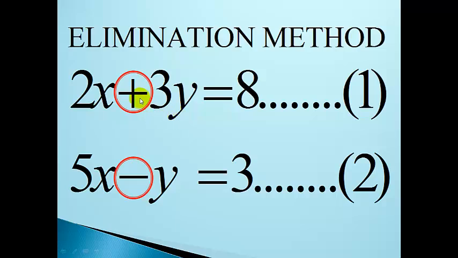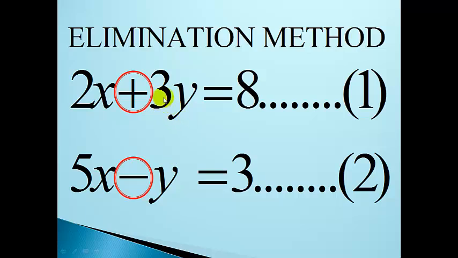Take note that when the signs are the same, that is when the two signs are all positive, we subtract one equation from the other. But when the signs are opposite, that is we have plus and minus, we add the two equations together. Now, after considering the sign, the second thing you have to take note of is the constant coefficient of the y in both equations.